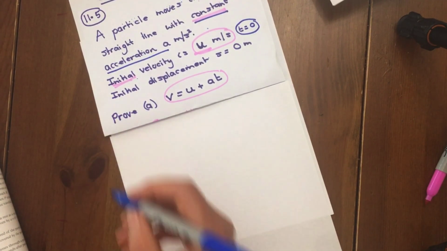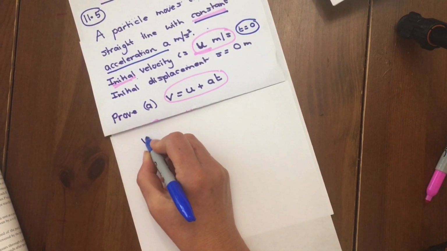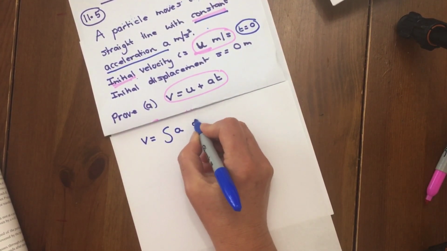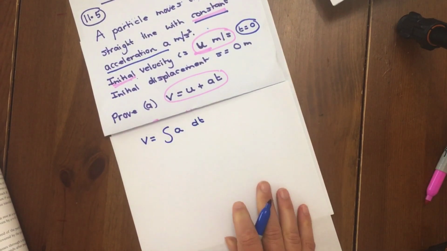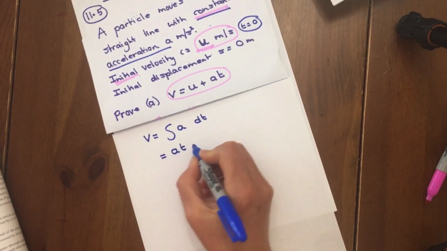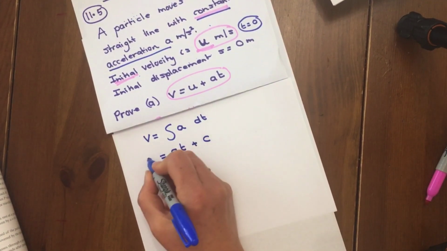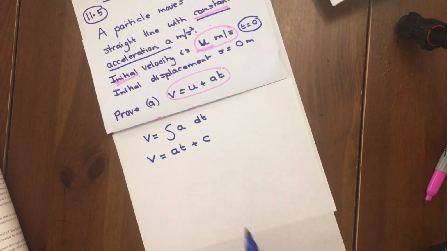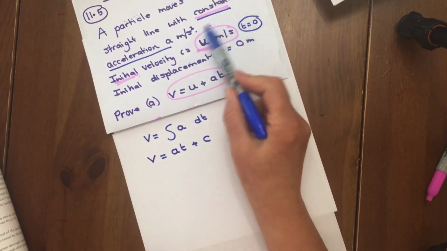Well, I know that to get v, I can integrate acceleration with respect to time. So if I integrate this, I get at plus my constant of integration. Now, to find c, let's go back to my initial conditions.